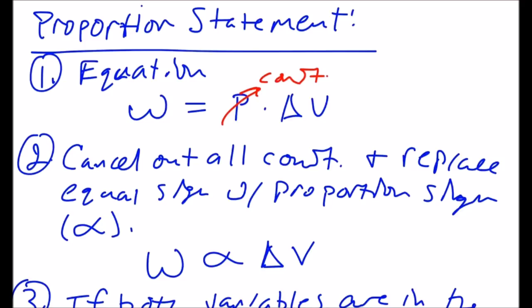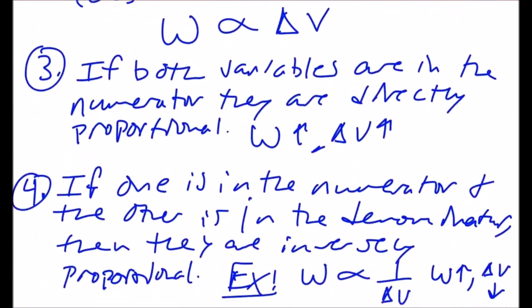And I mean, it is kind of similar looking, so exaggerate it for yourself. All right, so if I do that, if I cancel out pressure, because we know that pressure is constant in this equation, then I can say that work must be proportional to the change in velocity. Let's do the next piece here.